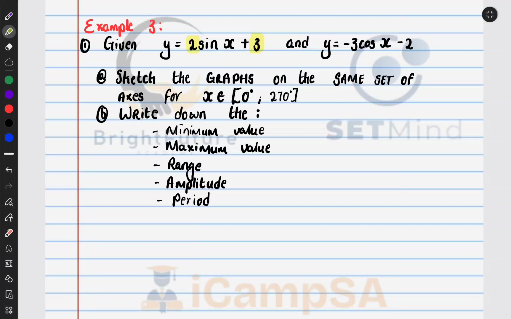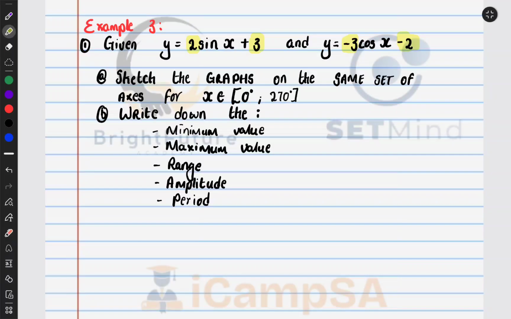And then next we have y is equal to -3 cos x minus 2. Amplitude is 3, and that negative means the function has been reflected about the x-axis, and it has been shifted 2 units downward. So let's go ahead then and sketch the graphs.